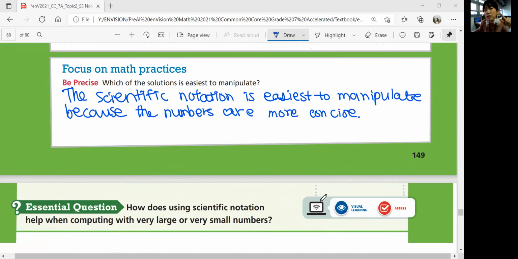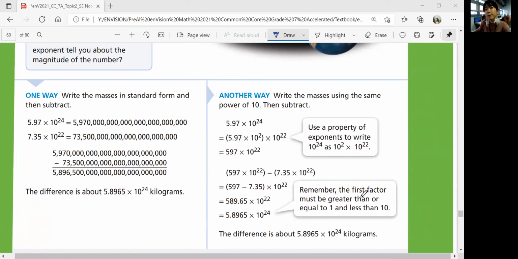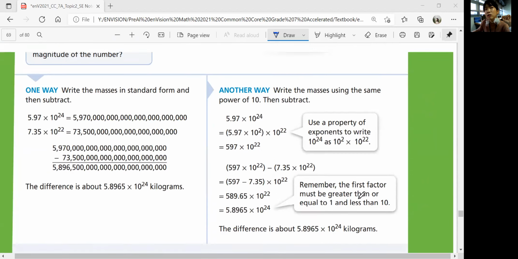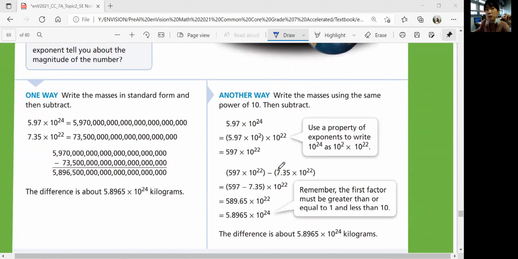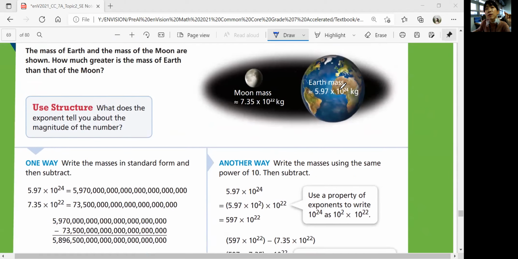You move the decimal places and add or subtract the powers to represent the same number. We're going to use the property of exponents to write 10 to the 24th power as 10 to the second power times 10 to the 22nd power. Because if you multiply powers with the same base, the property of exponents says you can add the powers together. So 24 really could be written as 2 plus 22.